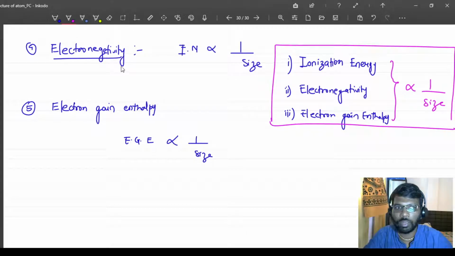There is another name for electron gain enthalpy. Electron gain enthalpy's other name is electron affinity.